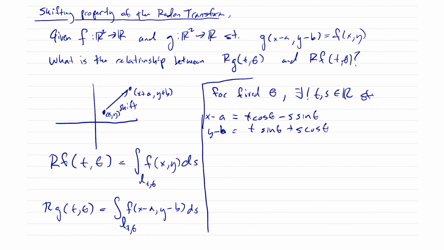This is a linear transformation in terms of t and s, taking us to x minus a and y minus b, and it's invertible. So we can extract, straight out of the previous section, solutions here.